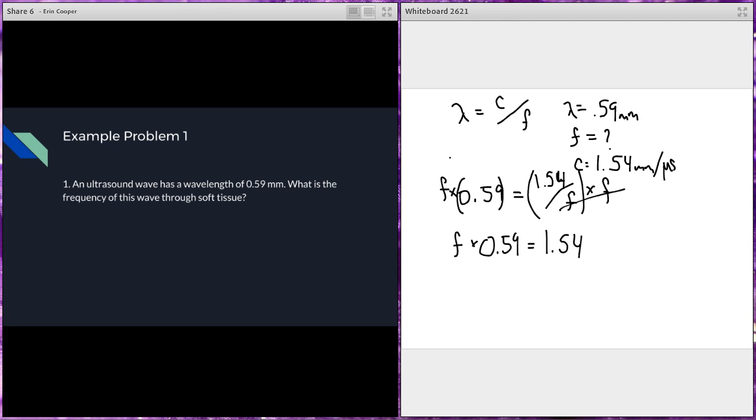All right, halfway there. Now the f is still doing something. It's still not by itself. So we now have to undo whatever it's doing on the other side. Well, right now, it's multiplying itself by 0.59. So we want to undo that. We want to get f by itself. So what we're going to do is divide both sides by 0.59.